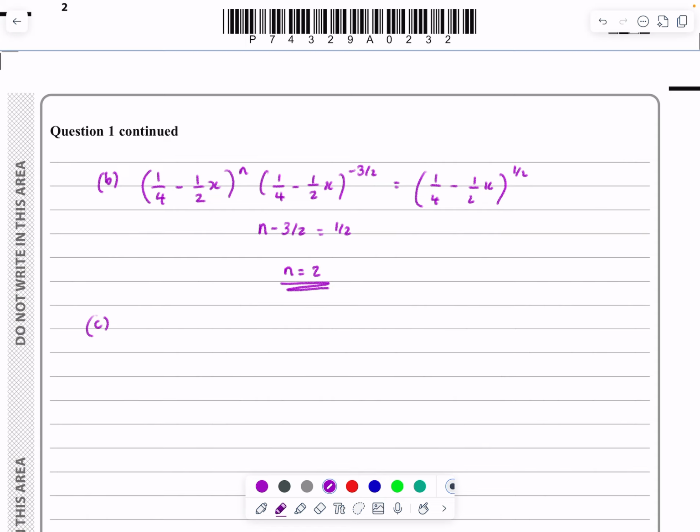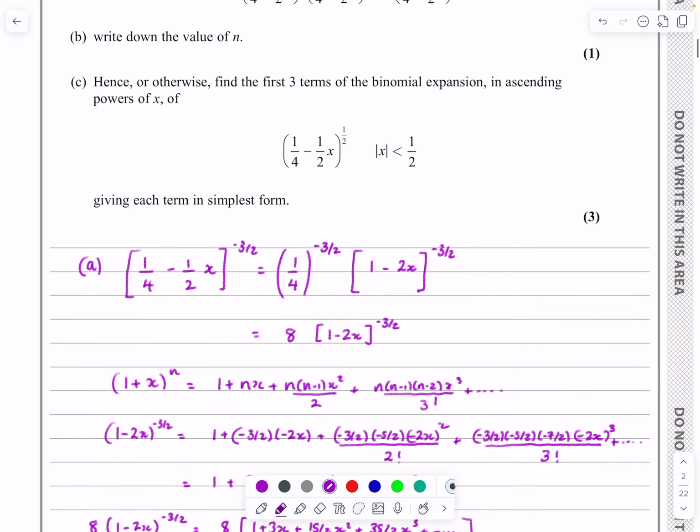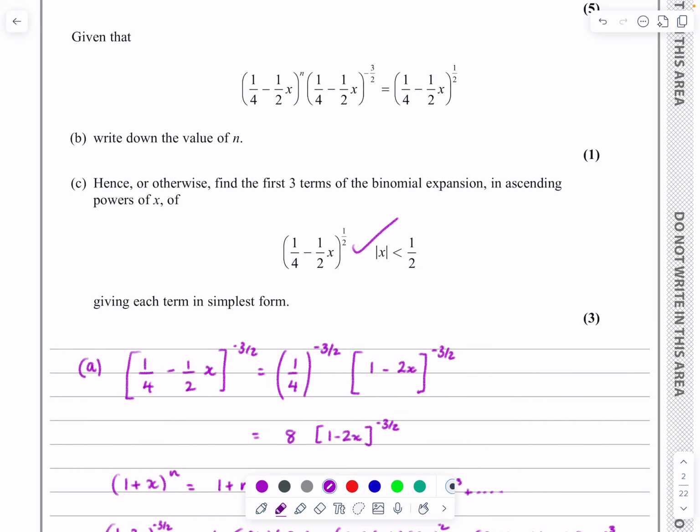Okay, why have they asked me that? Because for the last part, they've actually said, okay, now let's see if we can find out what that is.